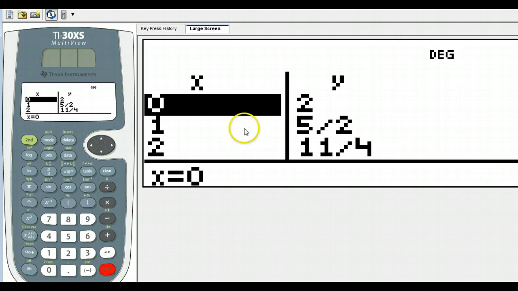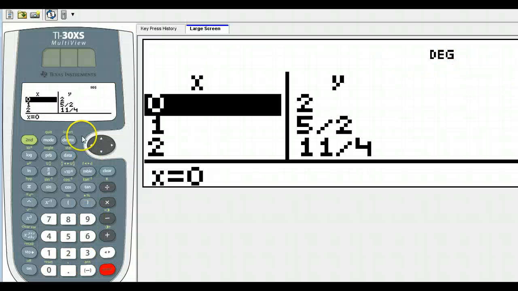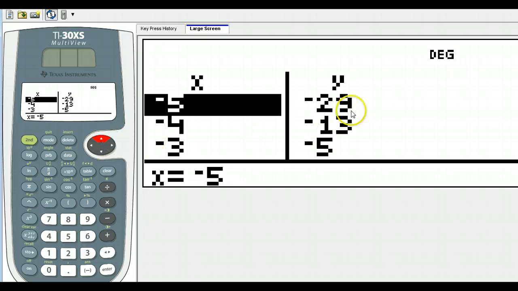Now, some students have trouble understanding which values to use, but the bottom line is we're going to use the ones that fit on a normal graph like this. I have a 10 by 10 graph, so anything bigger than 10 is not going to fit. So for our purposes, we're looking for things smaller than 10. Now, as I go in this direction, see where the big numbers come in? Well, big in absolute value, ignoring the negative sign.